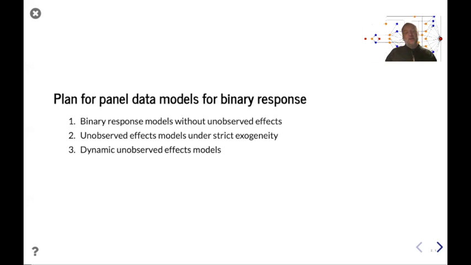And then finally, we're going to study dynamic unobserved effects models. And here, if dynamics are of particular interest, say you want to find out the effect of past smoking behavior on present smoking behavior, you may think that there's strong state dependence in that outcome.